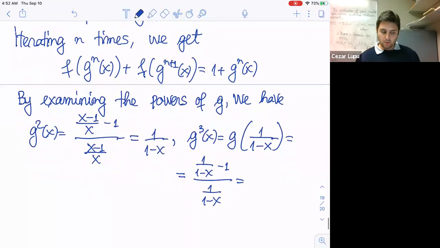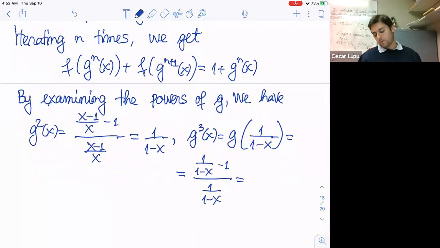But this will be equal to, and surprise, surprise, x. Oh, it's x. Nice. Well, it's quite clear at this point, since g cubed is x.